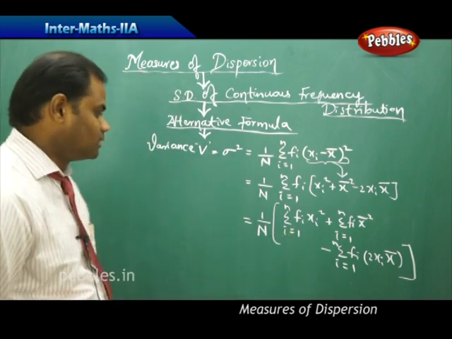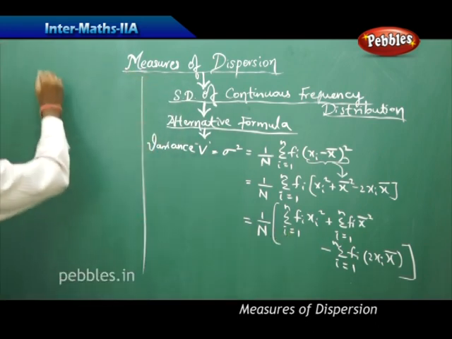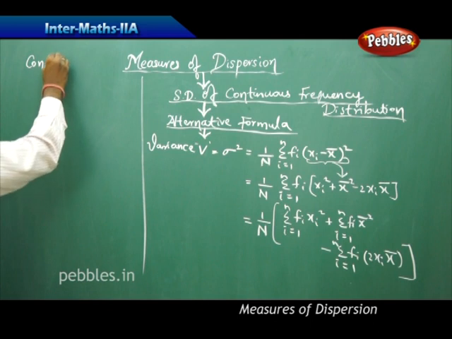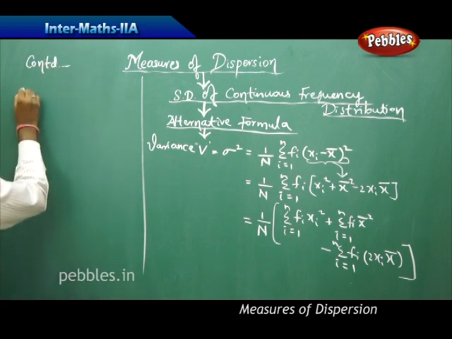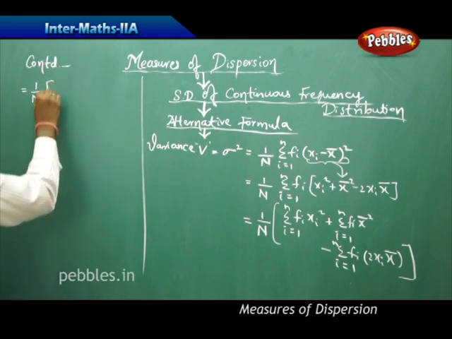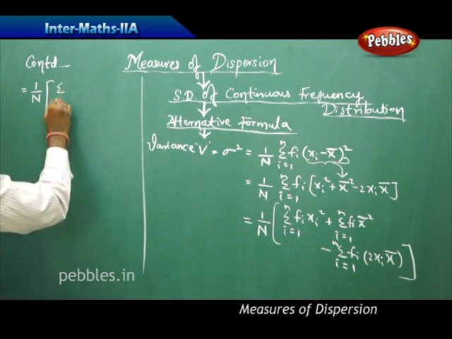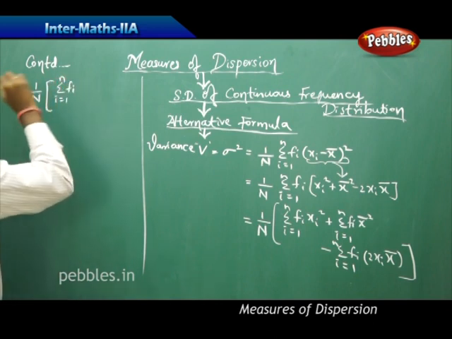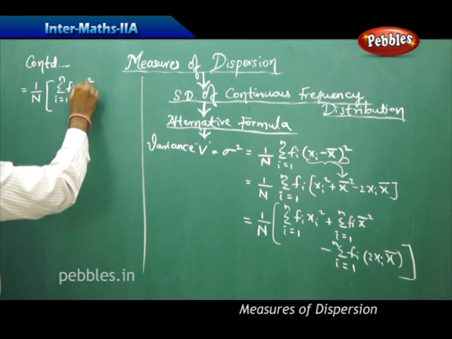So the expansion of the summation gives this, which when continued here gives us 1 by n of sigma i running from 1 to n fi xi square.